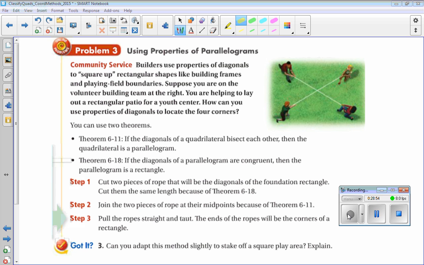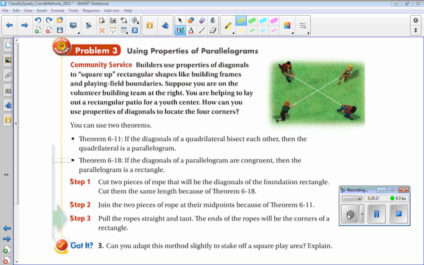They're congruent. So if we have 2 strings that are exactly the same length, we could create a rectangular shape. We could square up the corners, they call it. Make 90-degree angles. Yes, 90-degree angles.